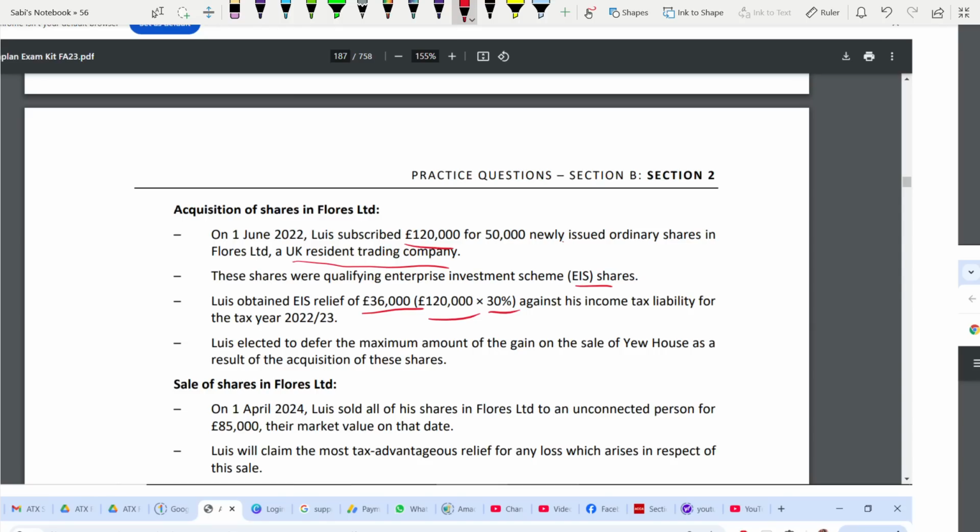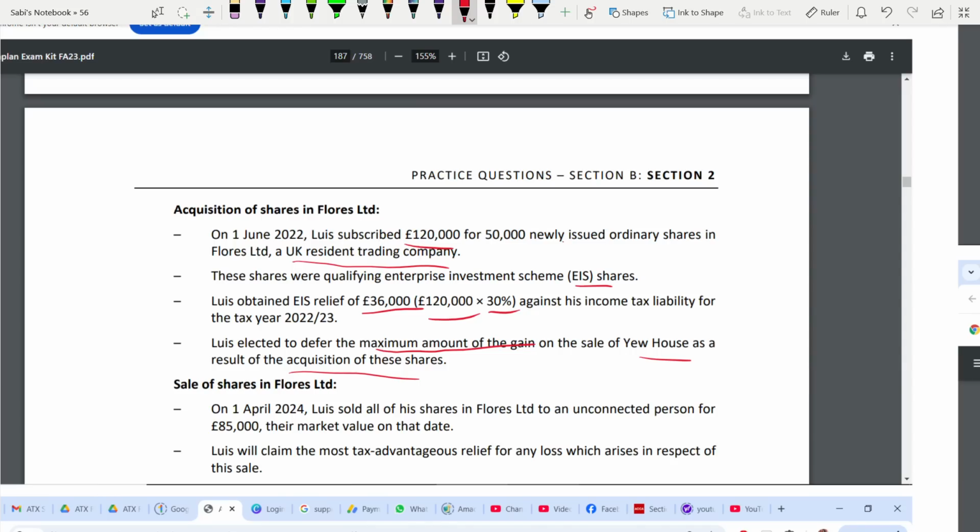Now, Louis elected to defer the maximum amount of gain. No partial amount. All the gain that he will get, he will defer on the sale of the new house as a result of acquisition of these shares. Can you understand what he is doing? Whatever gain he's going to get, he's going to defer it.